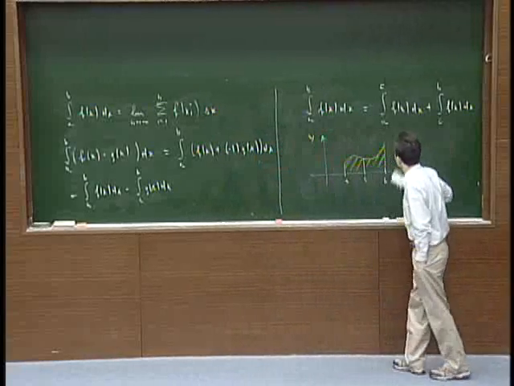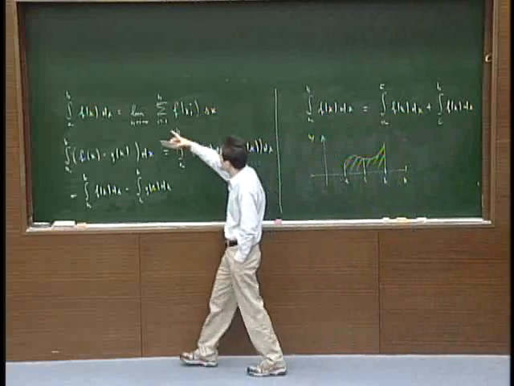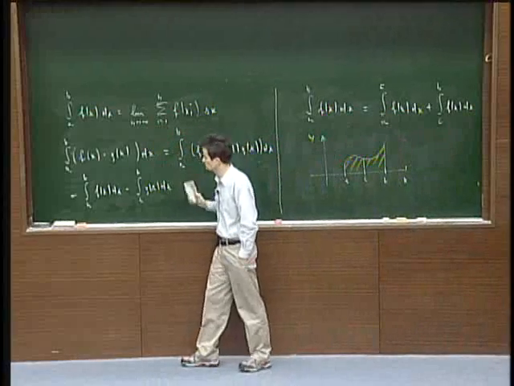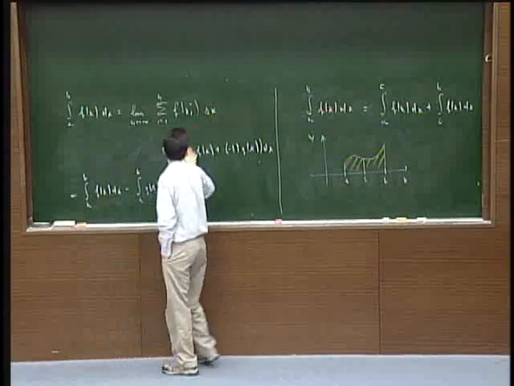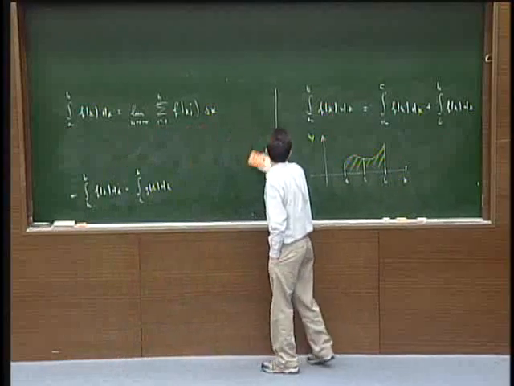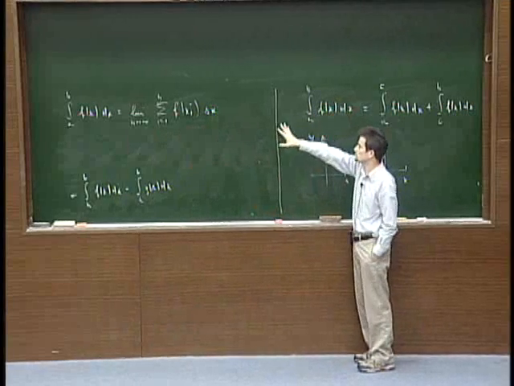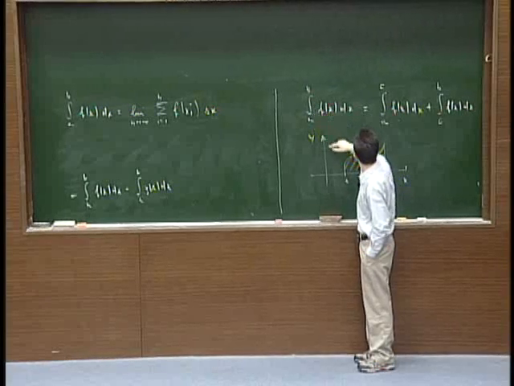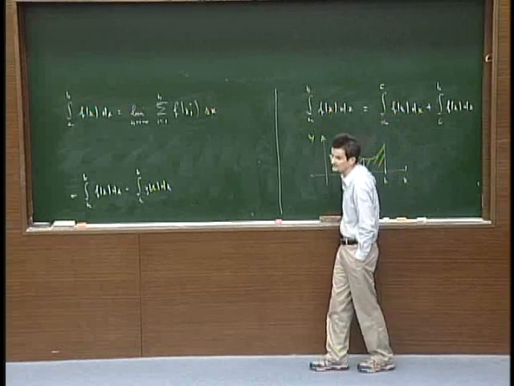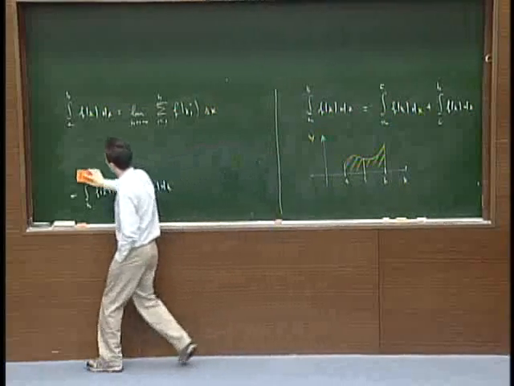It is something very easy to see from the area interpretation, but if you want to write out all the details, it's not completely trivial, in particular because you also have to divide cases, since it's not necessary that a is smaller or equal than b. For this property to hold, that is not necessary.